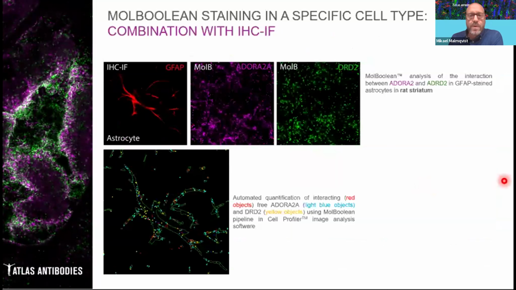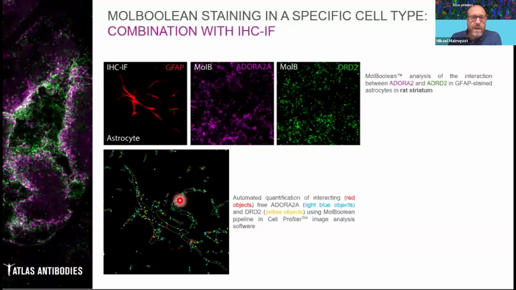You can also perform MolBoolean in distinct cell subpopulations. You can combine MolBoolean with indirect IF. And what you do then is to stain a specific cell type marker protein using a primary antibody from a third species that is different from the mouse and rabbit antibodies that are used for MolBoolean. Or you could use a mouse primary antibody of a different isotype. And in this example, we have performed MolBoolean to analyze the interaction between adenosine A2A receptor and dopamine receptor D2, specifically in astrocytes stained with an anti-GFAP antibody.